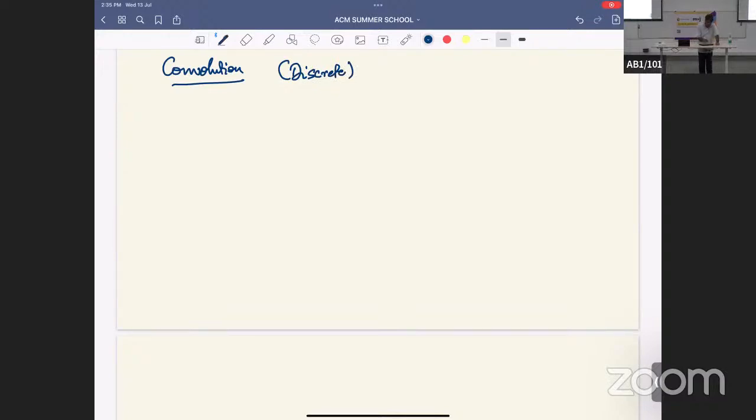Okay. So let me take an example to make you understand this. Let's say some people with an electrical background call it a signal, and some people call it a sequence. Okay. So let's do it in 1D first. Traditionally in convolution, if you want to convolve two sequences or two signals in the discrete case, you keep one signal as it is, flip the other signal and then move it across the other signal, right?